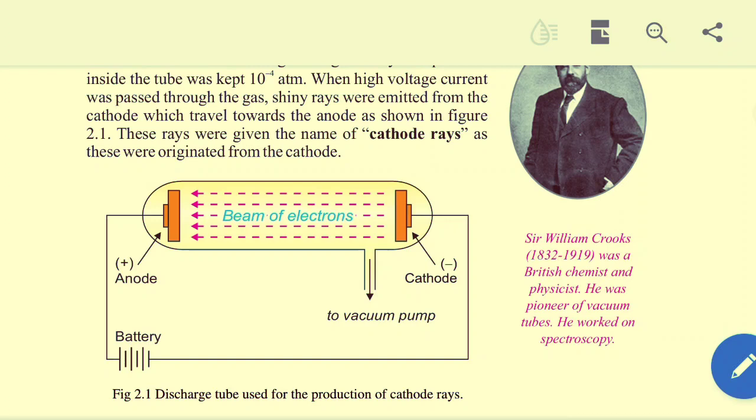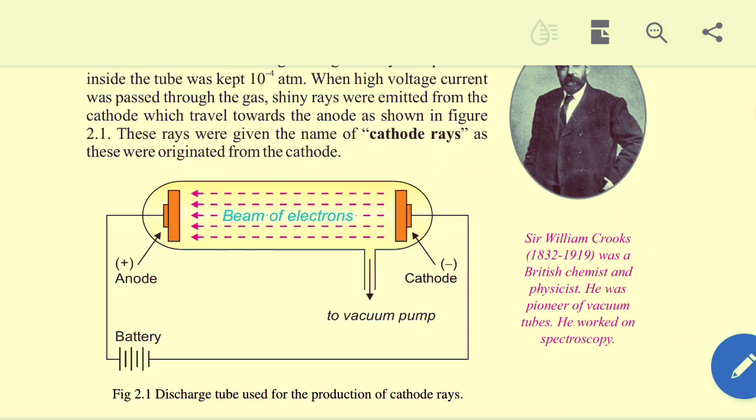When they pass current through the metal electrodes inside the glass tube, the gas molecules inside the tube start to become ionized, and a beam of electrons is produced.